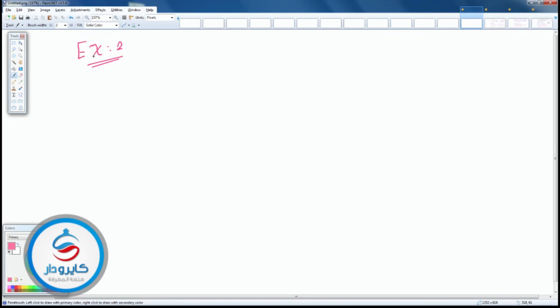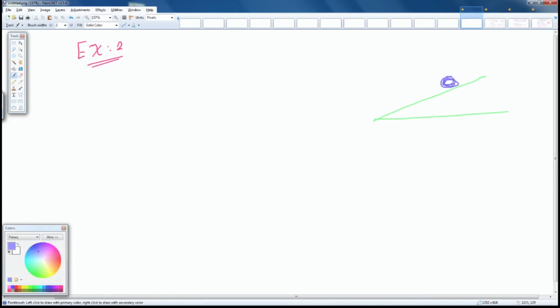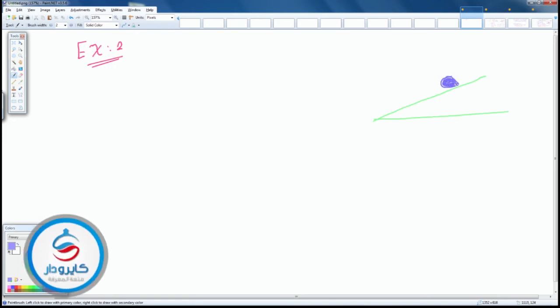First we have to draw the problem. This is an inclined plane, and our body rests on this inclined plane, and this angle is 60 as he said. So theta now is 60. This is the first given.